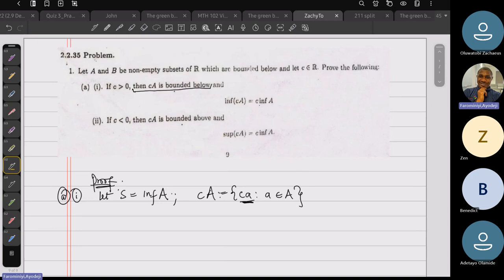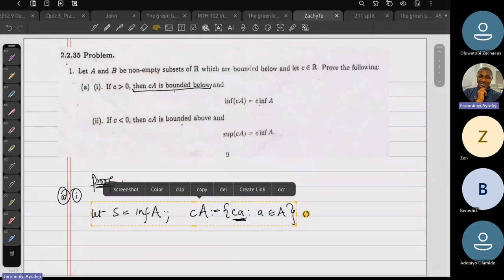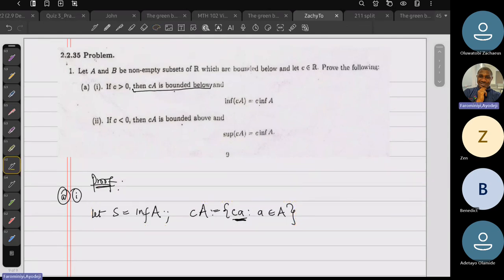So we can say let S be the infimum of A. If you want to be totally safe, you can write why we know that there is an infimum. So since A is bounded below, there exists an infimum.